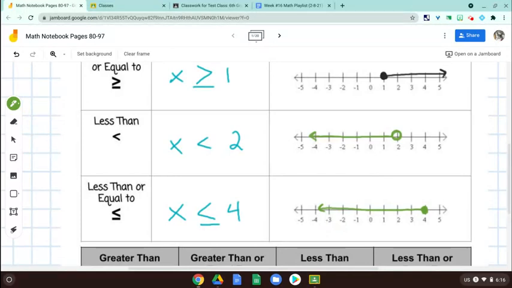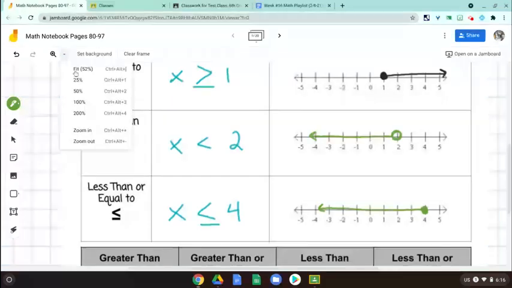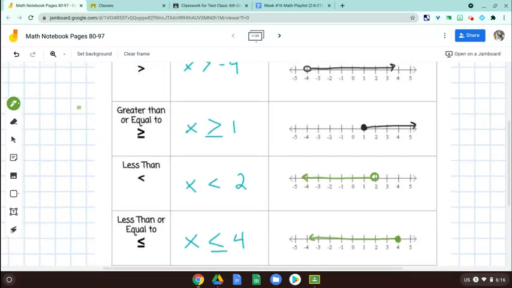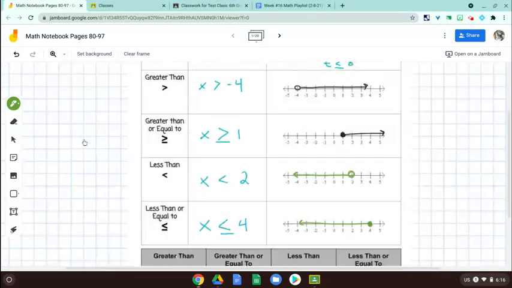Now, if I went too fast, I want you to remember that you can pause this video, restart it, rewind it, whatever you need to do to write down all of this for your notes, and make sure you do this neatly so that you can see the differences when you're graphing.